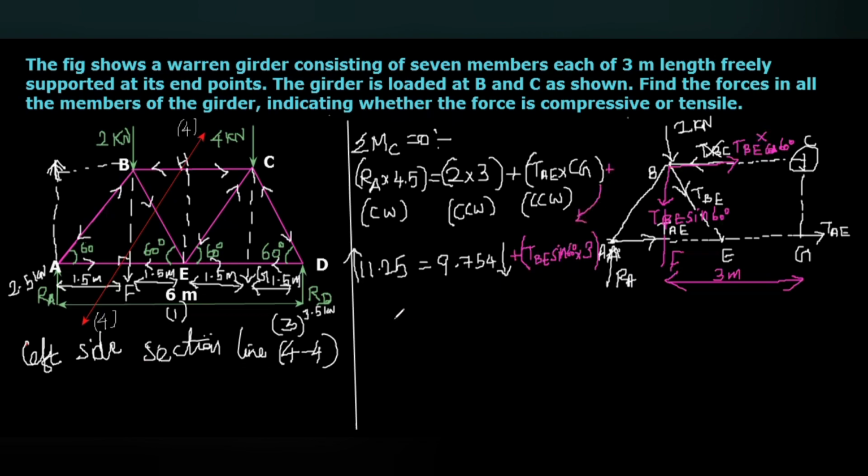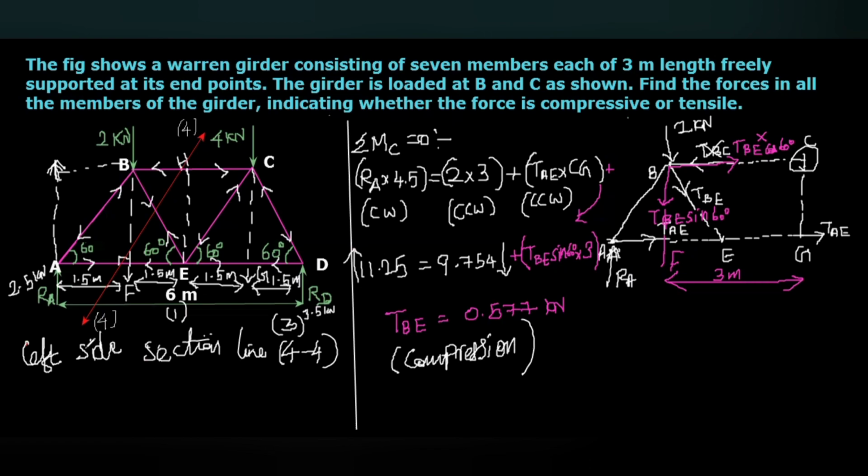So from this you can calculate the value of TBE, that is 0.577 kilonewton. Here you can see it is acting in this direction. So from point E, that will be this direction. So this TBE is compression in nature.